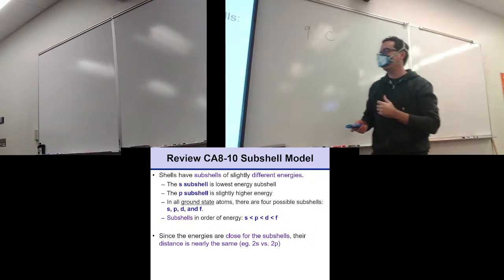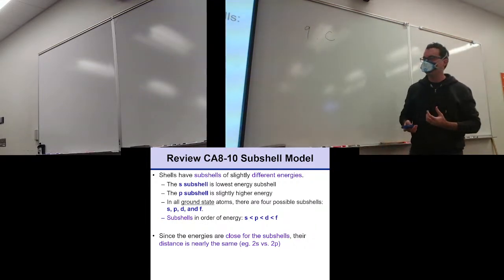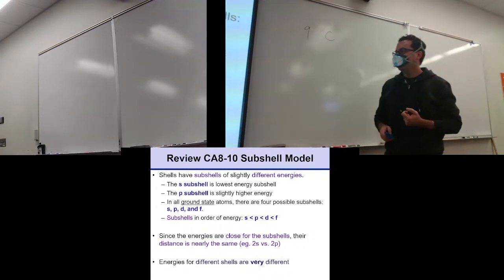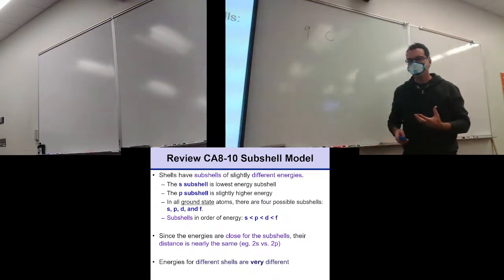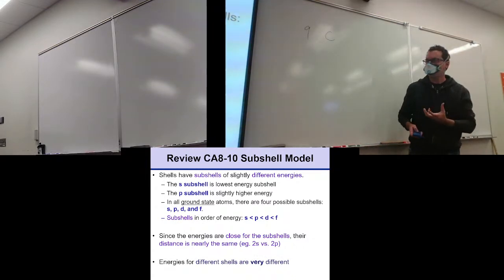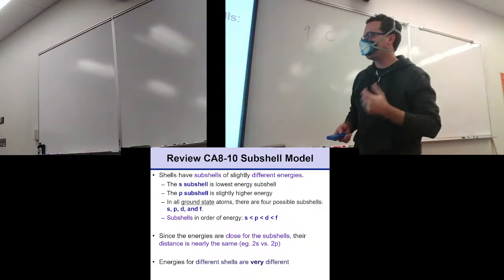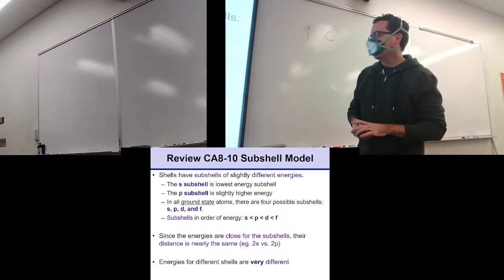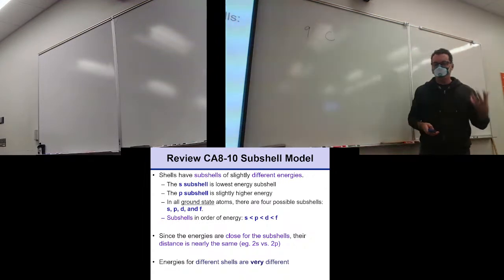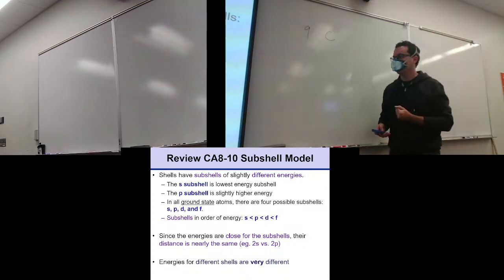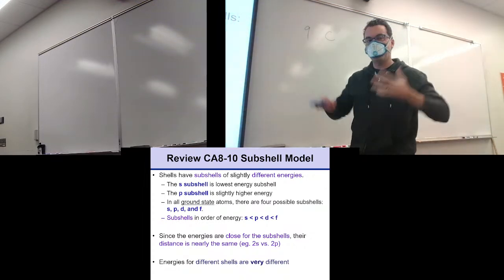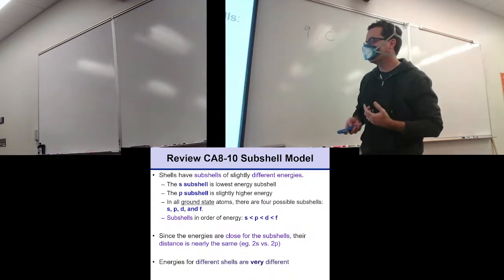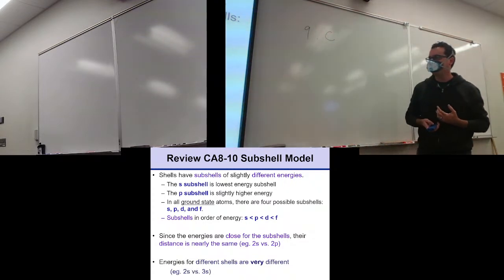There's going to be slight differences, and again, this is more detail that we're not going to get into. But a lot more nuance, let's put it that way. It's not as simple as our shell model from before. But the energies for the shells are still quite different, okay? And again, there's some exceptions. This is 4s and 3d, which are similar. But we'll get to that.